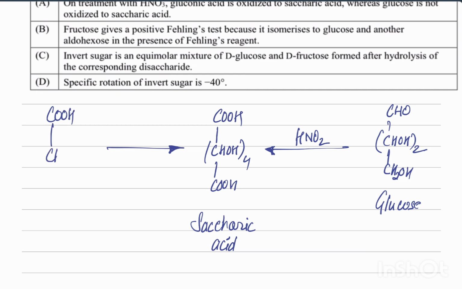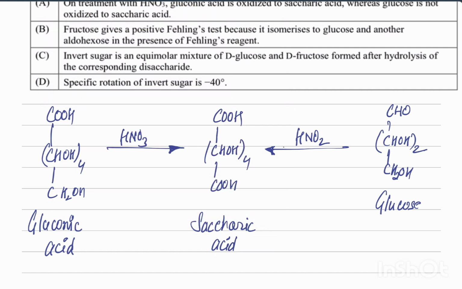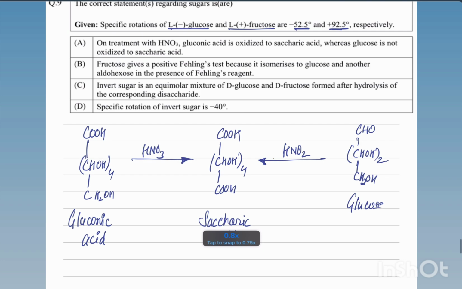Gluconic acid is a monocarboxylic acid, a carbohydrate. So if you see here, we can form saccharic acid from both glucose as well as gluconic acid.